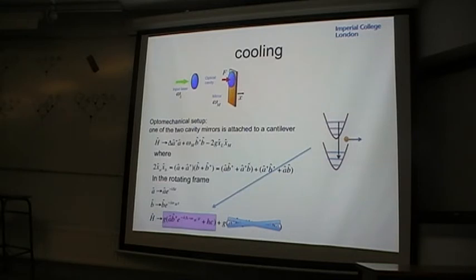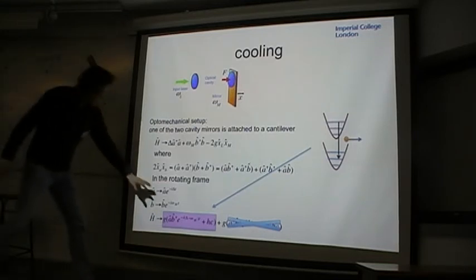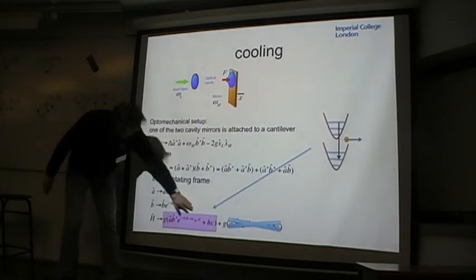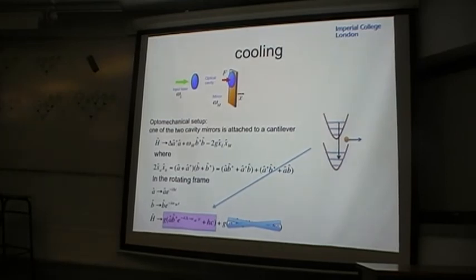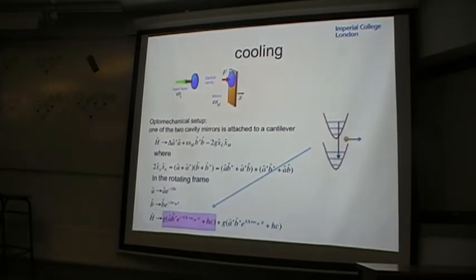This is one of the slides I have already shown you, cooling. Here, at the end, we use the first part to cool it down. How about the second part?